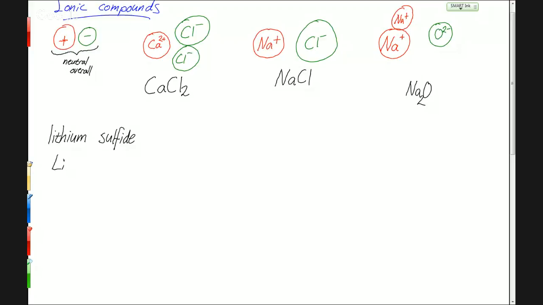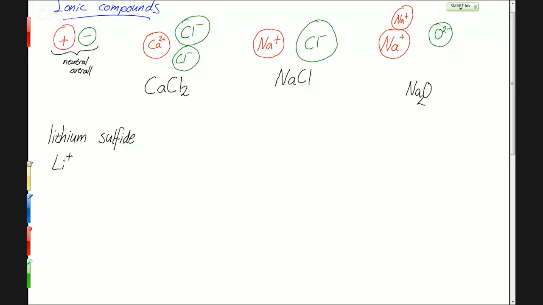Plus how many? Plus 1. Why? We have column 1A. Anything in that column has 1 valence electron, and it can lose that valence electron to become plus 1. So all of those elements are likely to make a plus 1 charge. We usually don't write the 1, we just write plus, but that means plus 1.